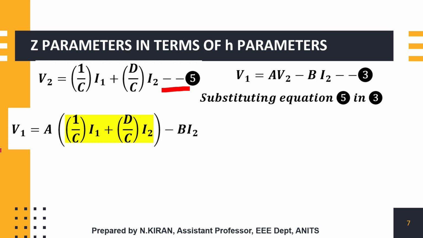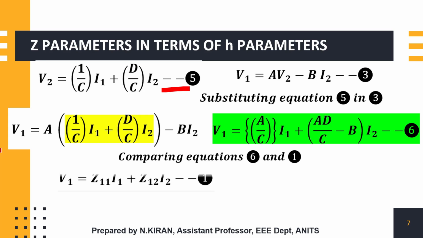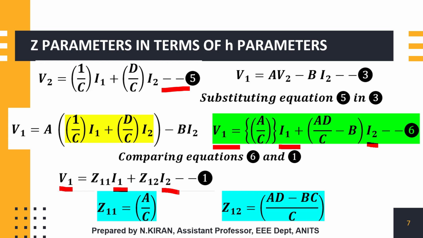On rearranging the terms, I will get the following equation, which is indicated as sixth equation. Now I will compare that with the first equation. Since both equations have the same variables V1, I1 and I2, I can easily compare them, which will give me the relation Z11 as A by C and Z12 to be AD minus BC by C.